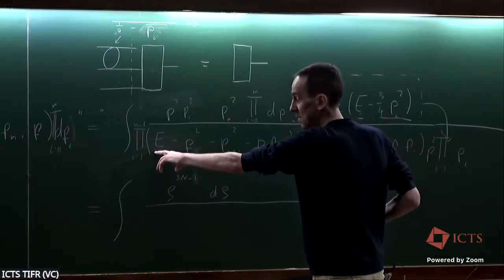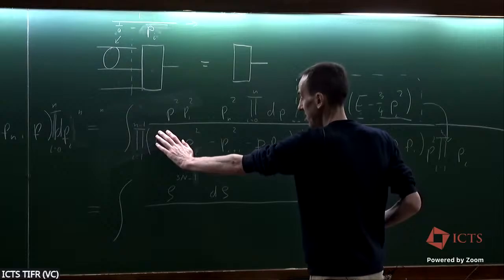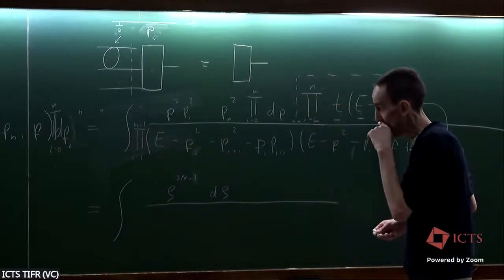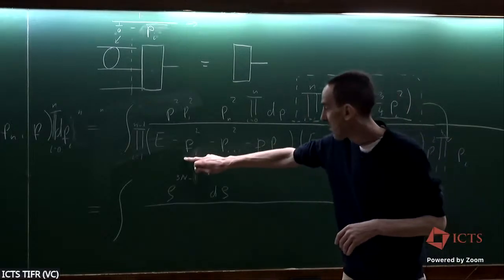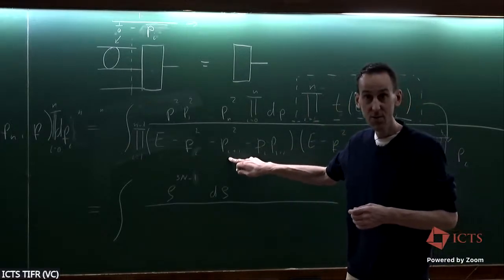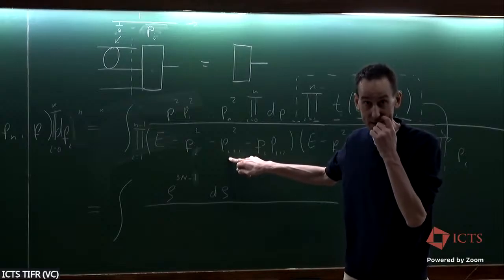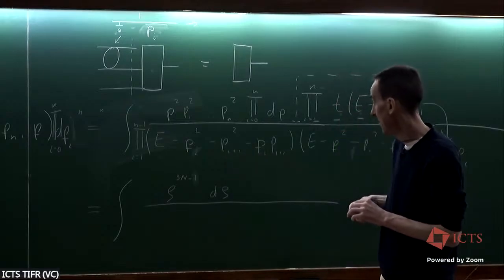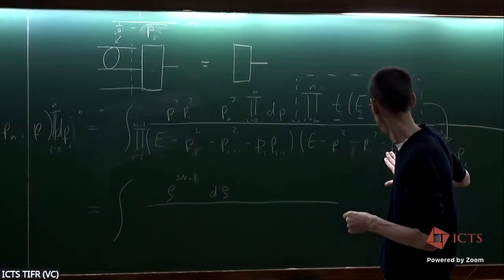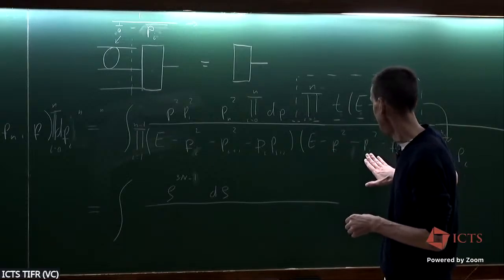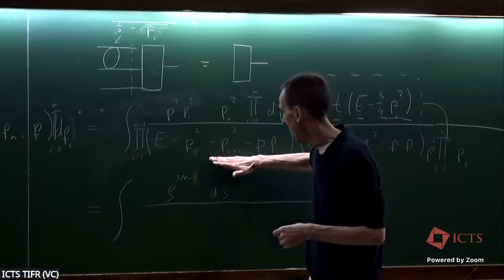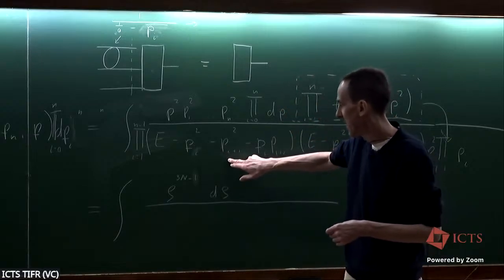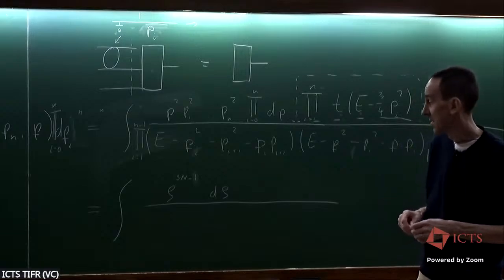So E is going to 0, so I don't have to worry about that. I have to investigate those parts where all the momenta go to 0 simultaneously, where the power of the momenta is identical to the other ones.